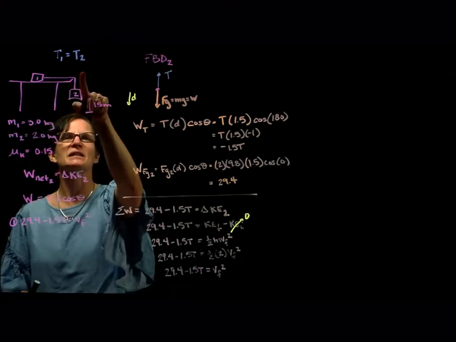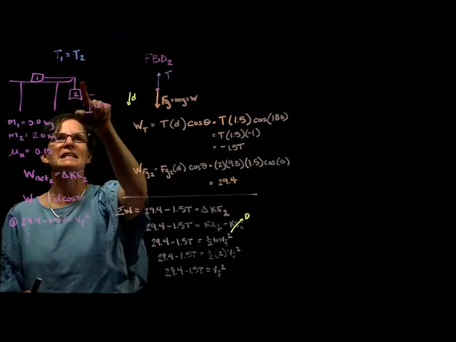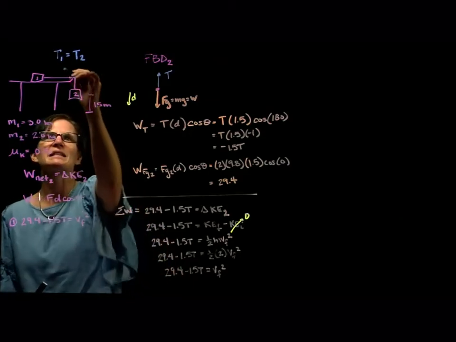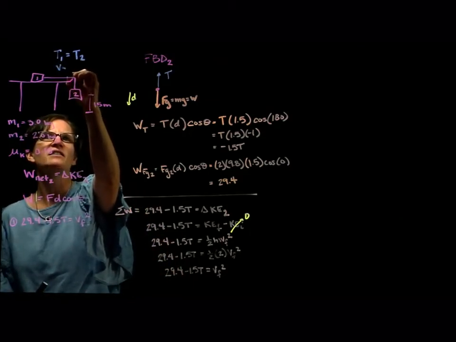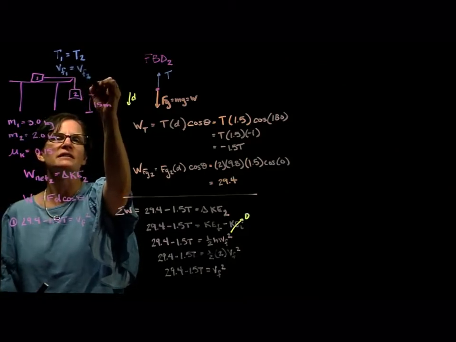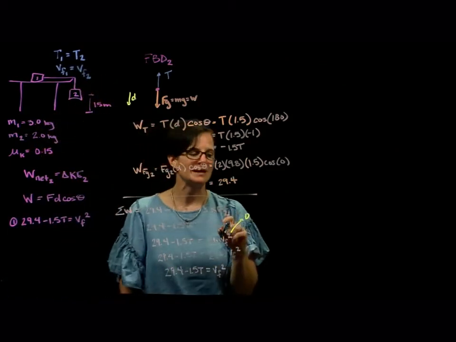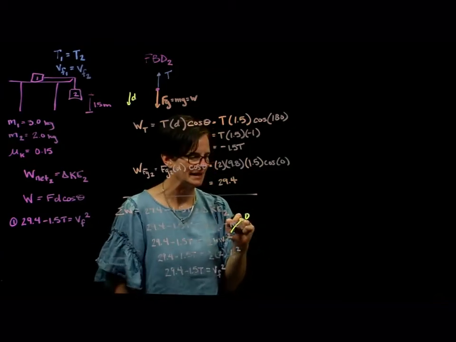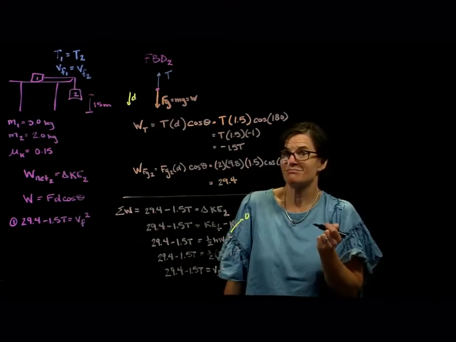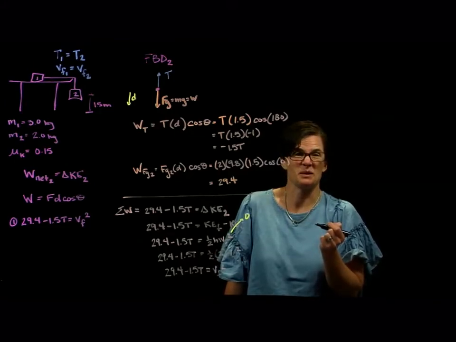T is pointing up, it's positive. T is pointing to the right, it's also positive. But the velocity final of block 1 is going to equal the velocity final of block 2 in magnitude, okay? So that's it. It tells me to look at block 1.